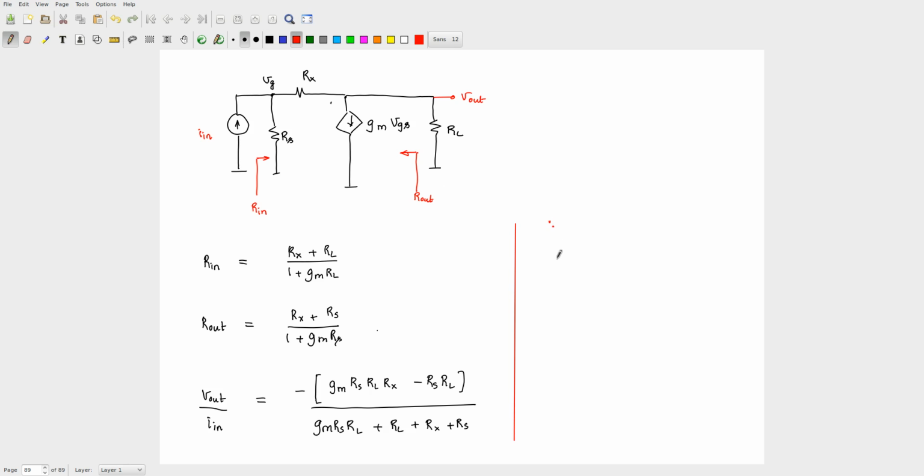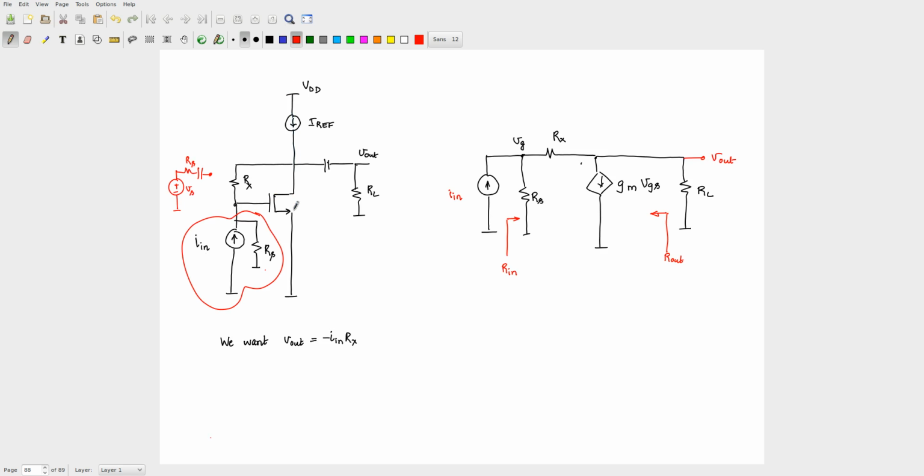Rn is looking in from here. Good question. This is Rn. Let me correct it on the previous page also.